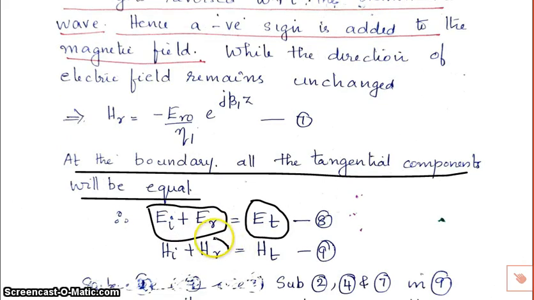Similarly, in medium 1 you have two magnetic field tangential components, which are Hi and Hr, and in medium 2 you have only one tangential component for the magnetic field, that is Ht. So I can write Hi plus Hr is equal to Ht, and Ei plus Er is equal to Et. That is my equation 8 and 9.